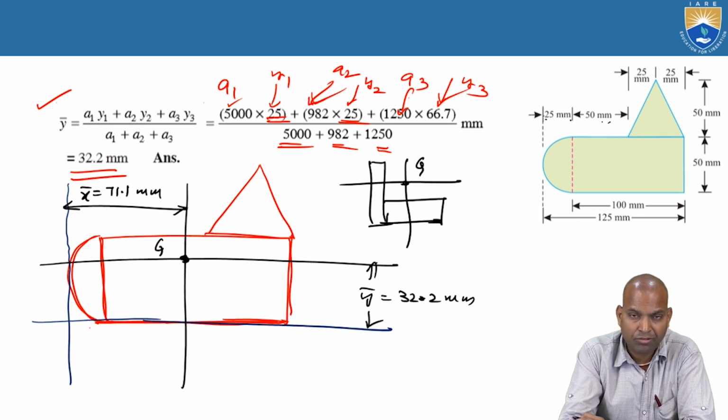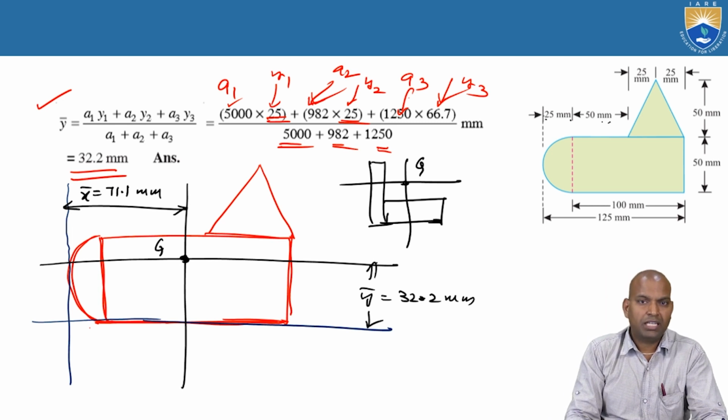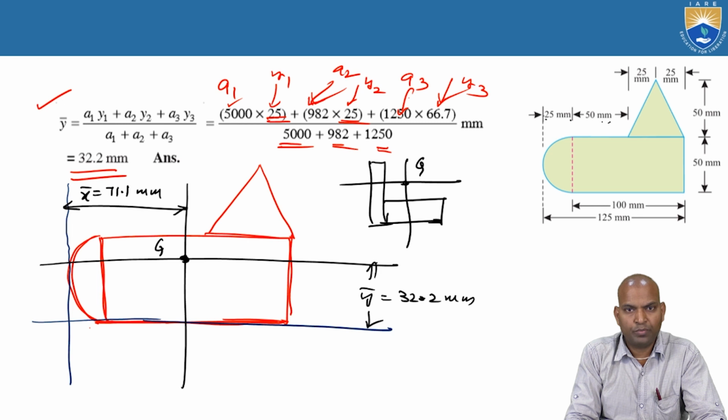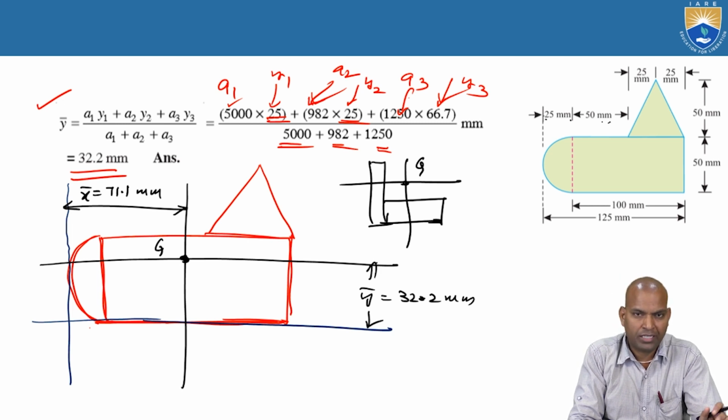We have studied and calculated and observed that the location of the centroid is not necessarily on the geometry. The point of centroid can also be outside the plane of geometry, as observed through calculations.